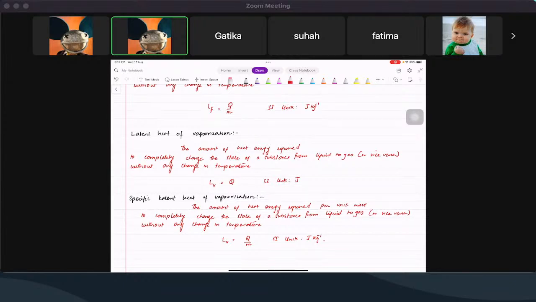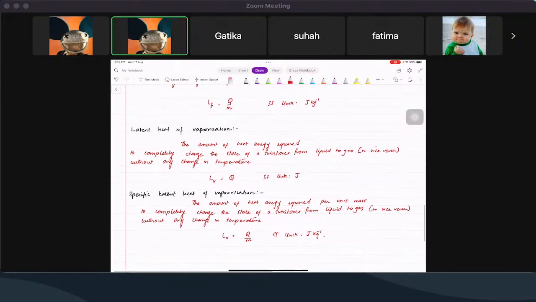Although he's not going to give you, I haven't seen any question related to these with heating or cooling curves, but I really appreciate if you draw these curves, because it will give you a better understanding of the question. Now I'll tell you what I mean by this.